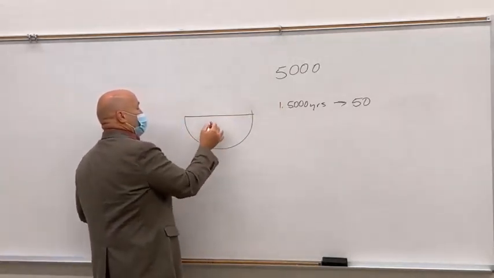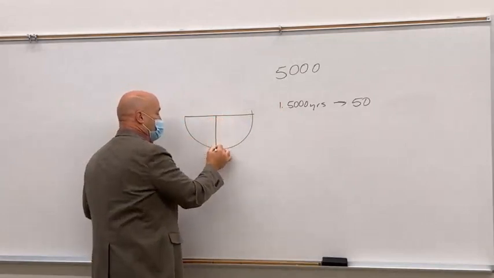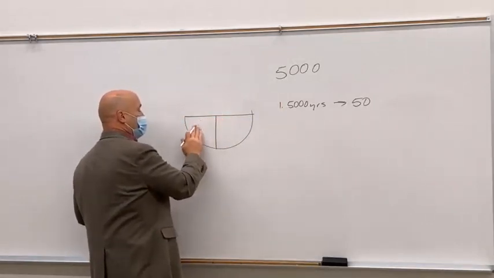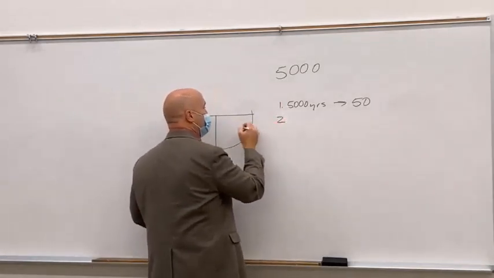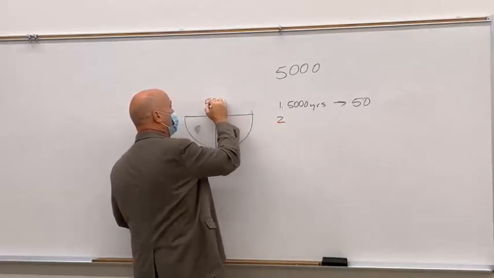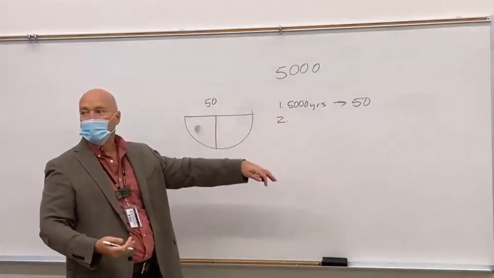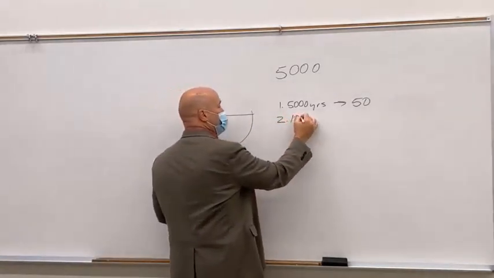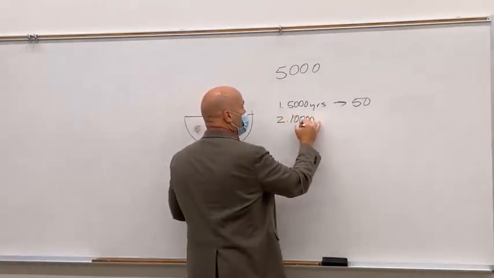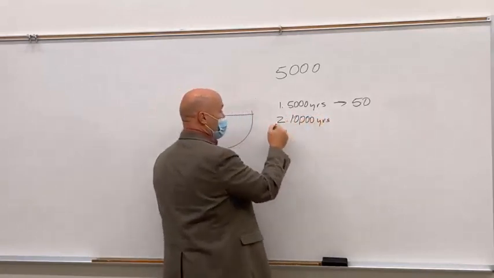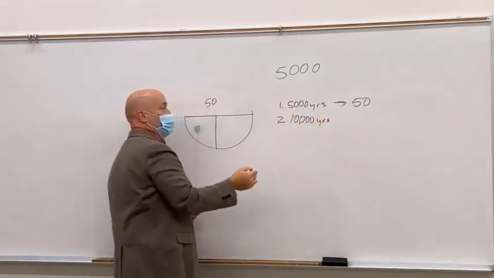So in another 5,000 years, that disintegrates in half again. So in our second half-life, if we started out with 50, the clock starts all over again after 5,000 years. So in 10,000 years, that is the second half-life, so that's 5,000 plus 5,000.